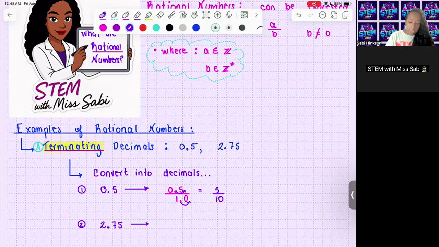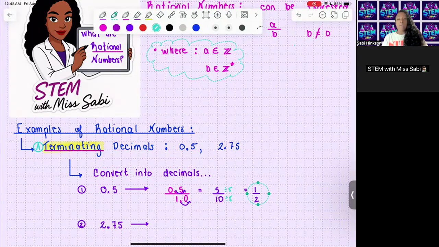What is the greatest common factor between 5 and 10? I can divide them both by 5. When I divide them both by 5, I get 1/2. So 0.5, which we do know as a half. These are small numbers. You know these things.